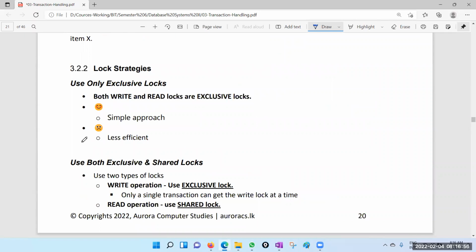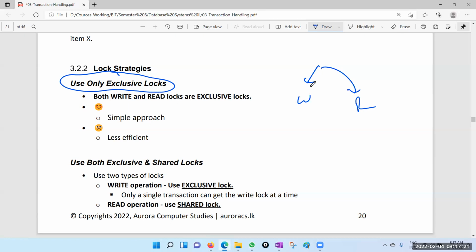Right. So the databases use 2 strategies. The first strategy is that the database operates only on exclusive locks. So there are only two operations, the write operation and the read operation.